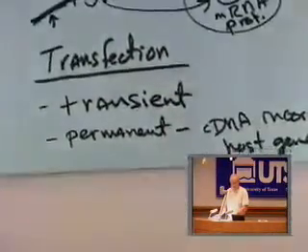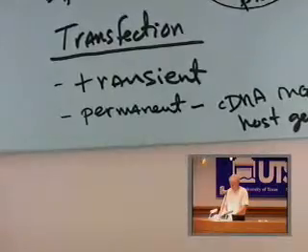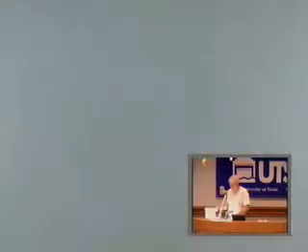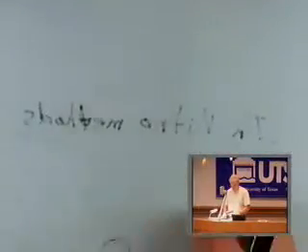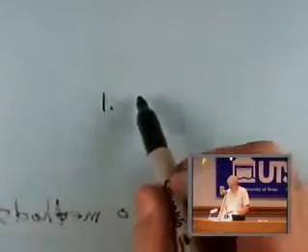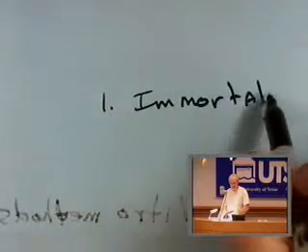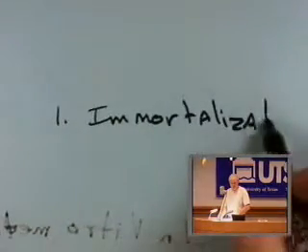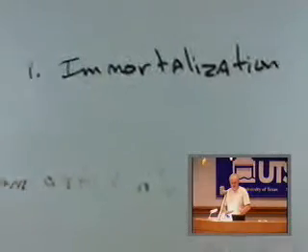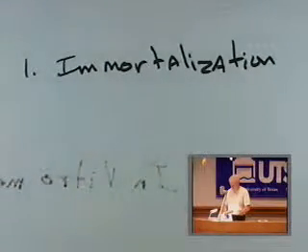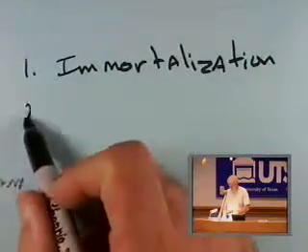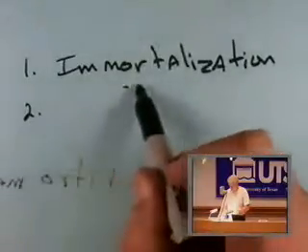But first, I want to talk about the two different types of permanent transfection. The first is immortalization, consistent with our discussion of the in vitro. So this is for in vitro.